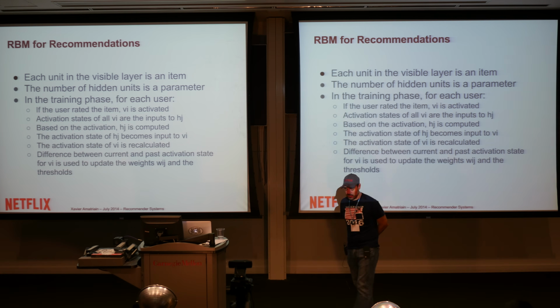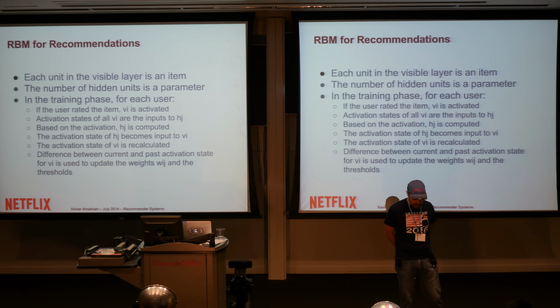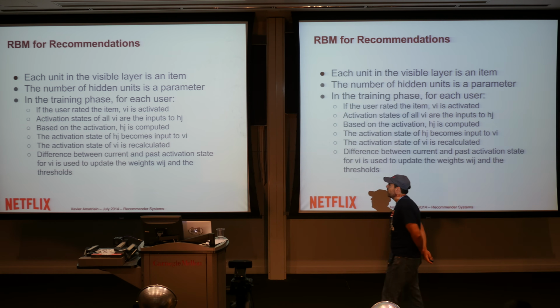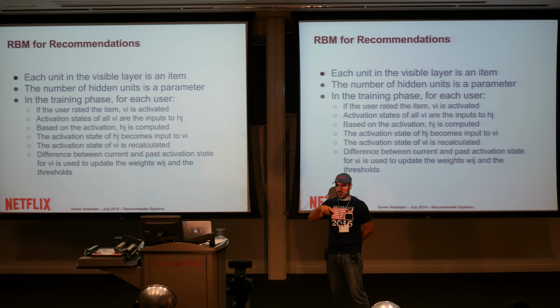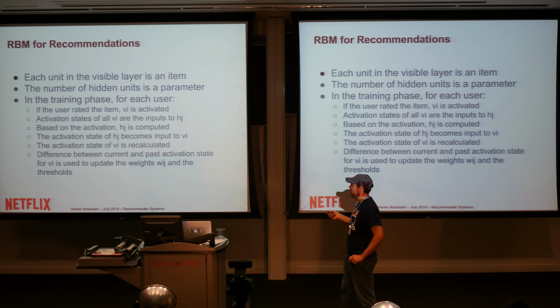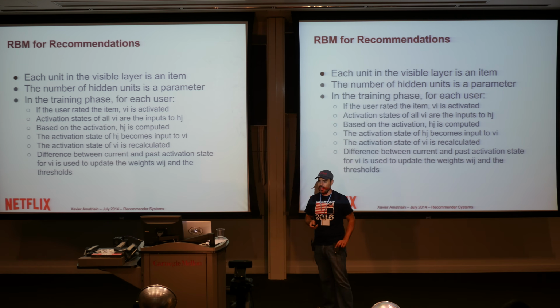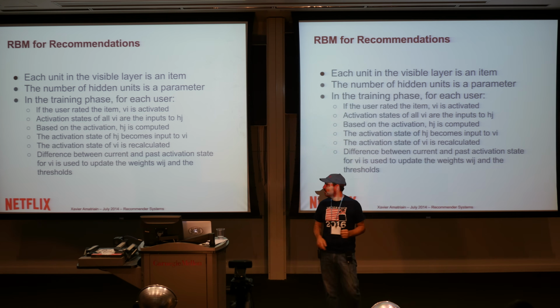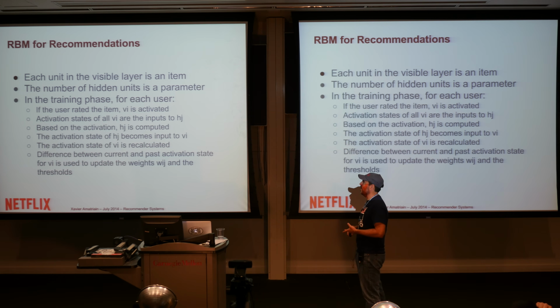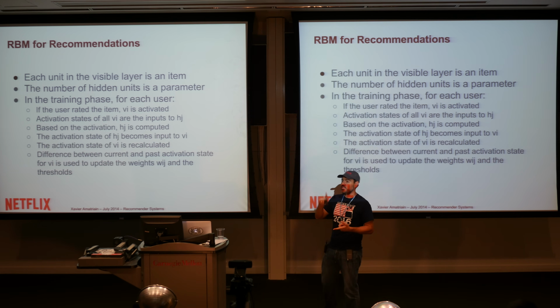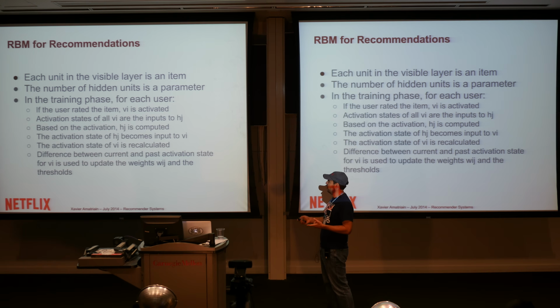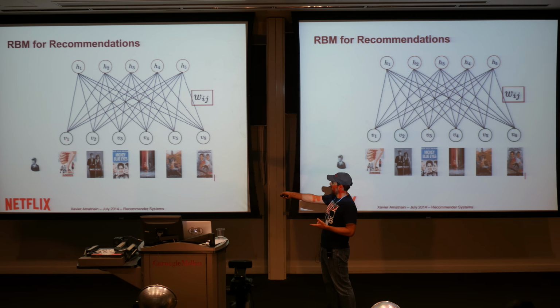So how do we use this for recommendations? Each unit in the visible layer, as we were seeing before, is an item, and the number of hidden units is a parameter. In the training phase for each user, think again back to the RBM function and whether the unit is going to be activated or not. If the user rated the item, the V sub i is activated.